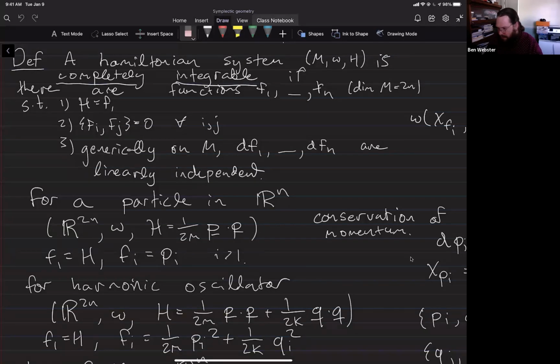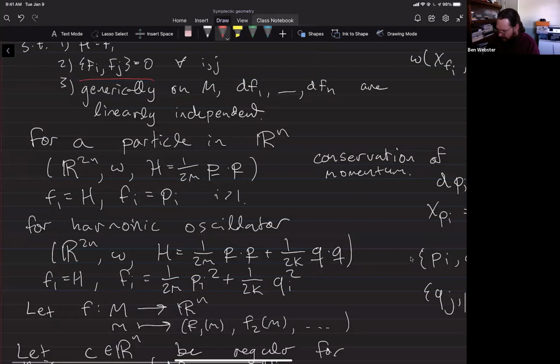This Poisson commuting is really important, and there's no way to say that in Lagrangian mechanics. These functions might not even make sense there. So this integrable system approach is one of the key things that makes Hamiltonian mechanics useful.